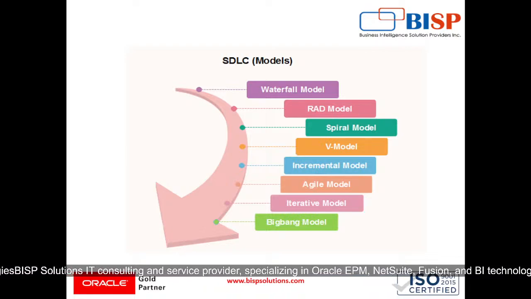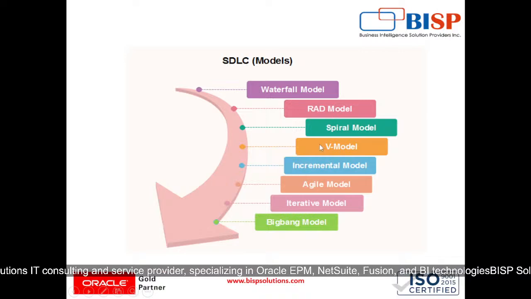Then the waterfall model is implemented in NetSuite Financial for a small business without customization. The Agile model is used in developing SuiteScripts and workflows for a retail company, releasing them incrementally.